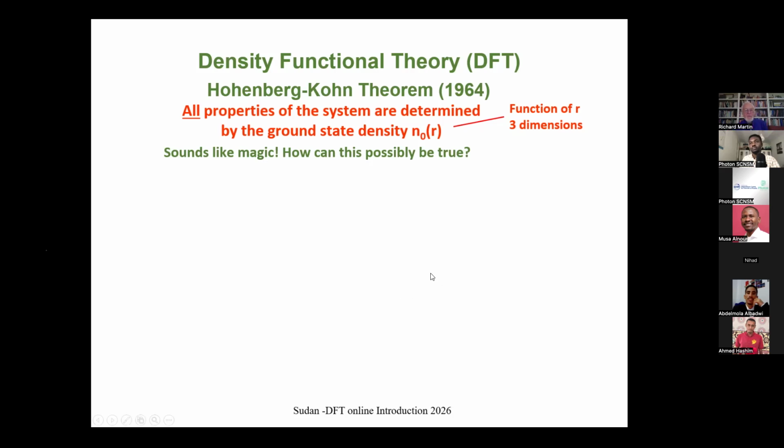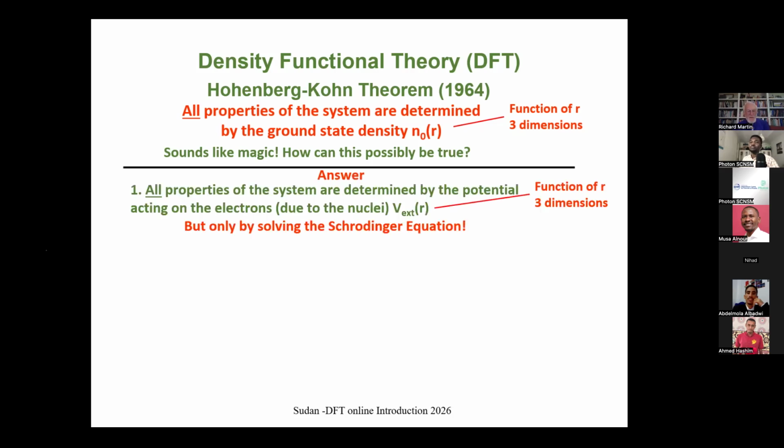I'm pausing for just a moment because it really is magic, if you want to look at it that way. How could this be true? And the answer is in 2 or 3 steps. All properties are determined by the potential.